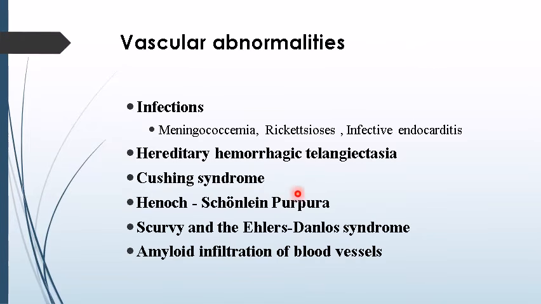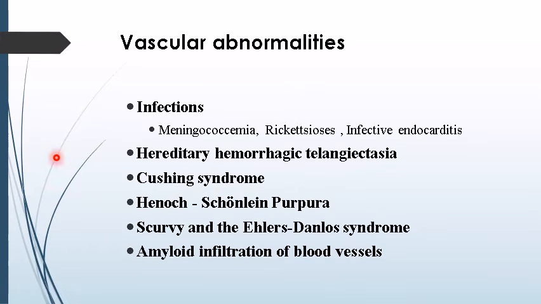Vascular abnormalities usually have a systemic disease like infection, meningococcal infection, infective endocarditis, severe infection that leads to vasculitis and bleeding tendency. Second, hereditary hemorrhagic telangiectasia. This is a hereditary disorder in which there is a dilatation of blood vessels. So after injury, there will be inefficient vasospasm.